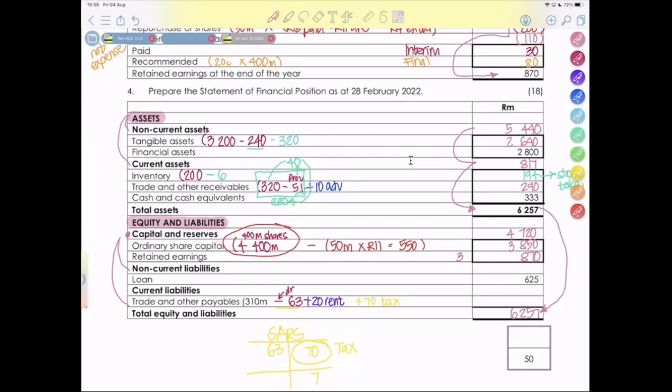If you take your current liabilities, your trade and other payables, you would see that your end result should be 417, and together with the 1120 of the loan, you'll see that again, current equity, the equity amount, the non-current liabilities and the current liabilities together should equal the total equity and liabilities. And then you're done.